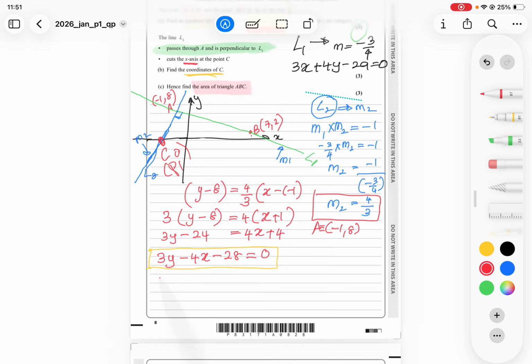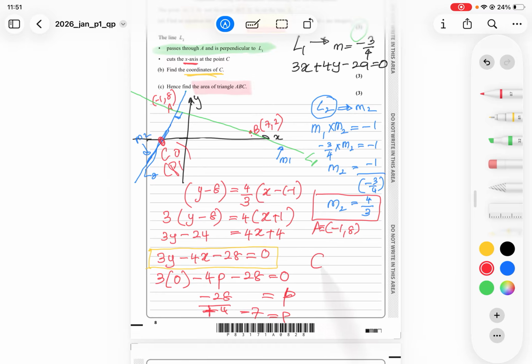So we can say 3 bracket 0 minus 4p minus 28 equals 0. So p would be negative 28 divided by negative 4, which is p will be negative 7. So now we have the answer.